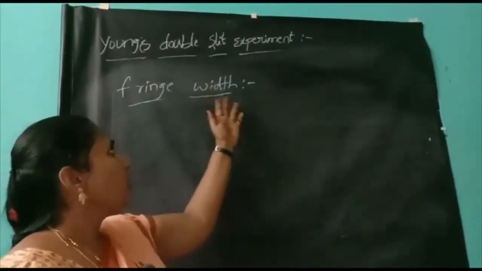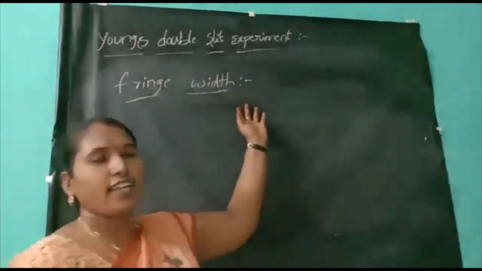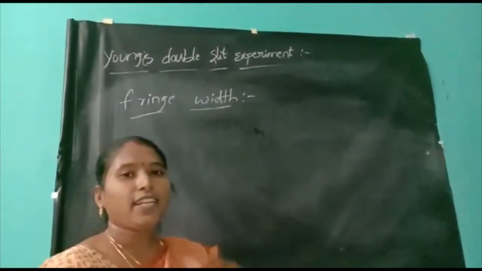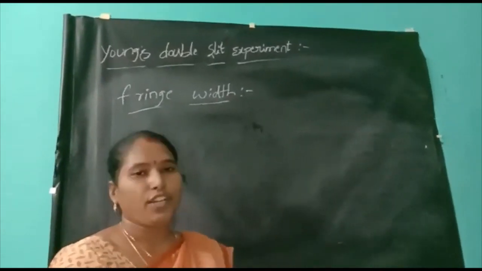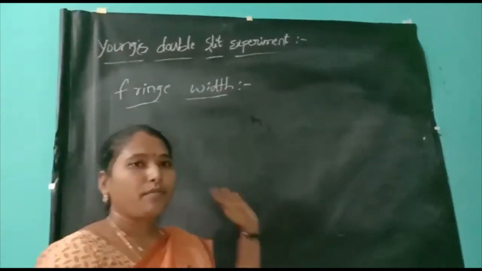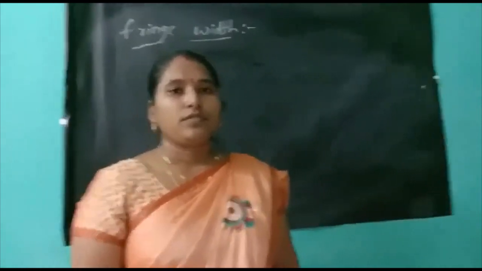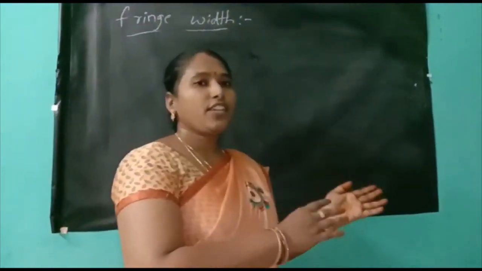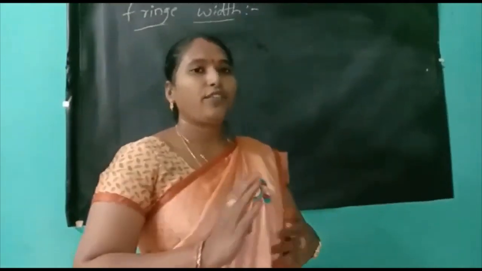Fringe width. Fringe width is defined as the separation of one bright fringe to next dark fringe. That means the gap between the consecutive bright and dark fringes is said to be fringe width.